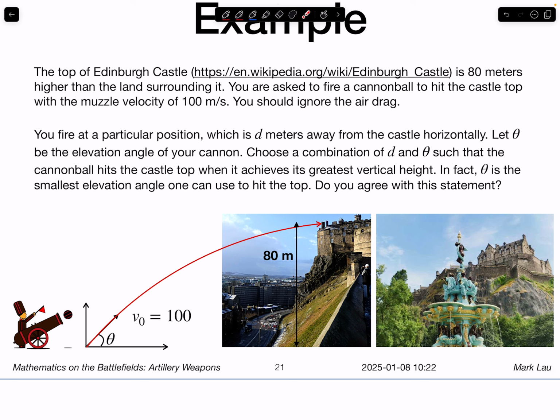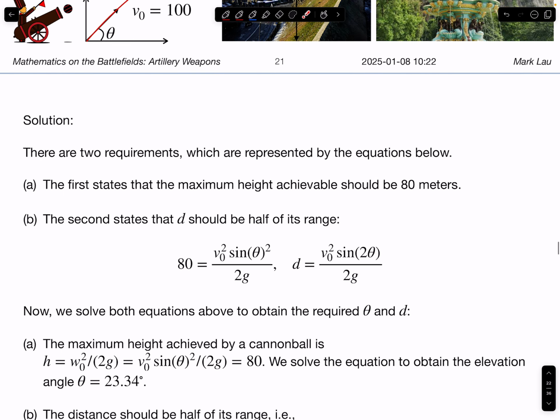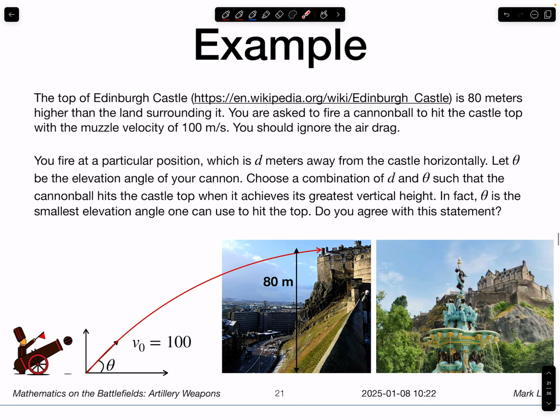The top of Edinburgh Castle is 80 meters higher than the land surrounding it. So, okay. You fire at a particular position which is d meters away from the castle horizontally. So the horizontal distance is d meters.